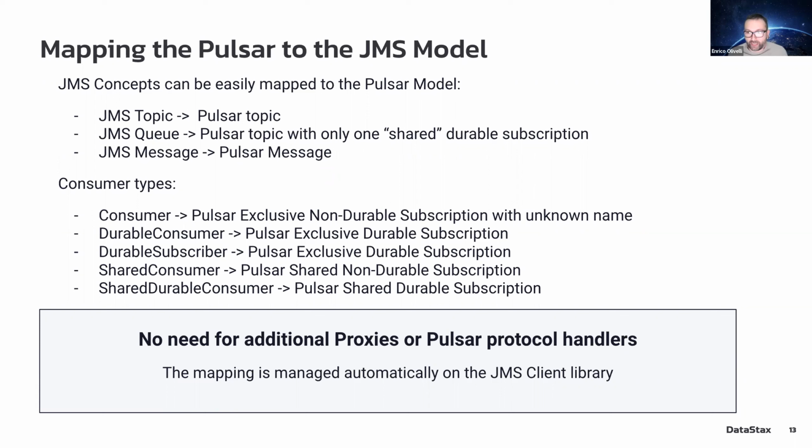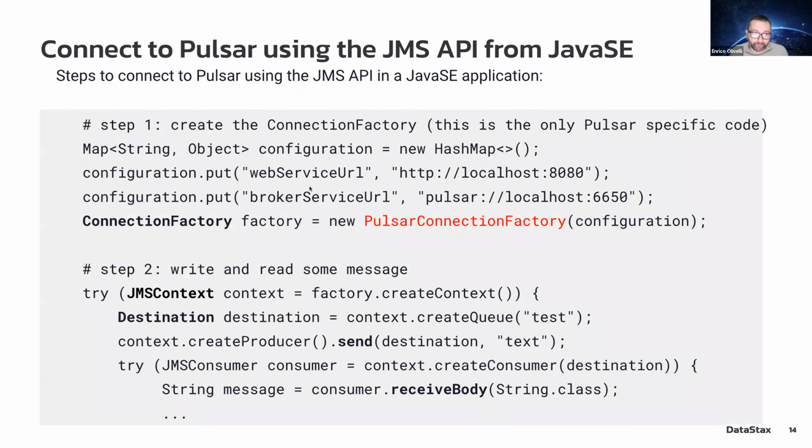So for instance, you can add an extension to speak the Kafka protocol or the RabbitMQ protocol. But for JMS, this is not needed because JMS is not a wire protocol. It's only a Java API. So the JMS Java client for Pulsar is simply a client library, nothing more. It's a bunch of classes, very, very easy.